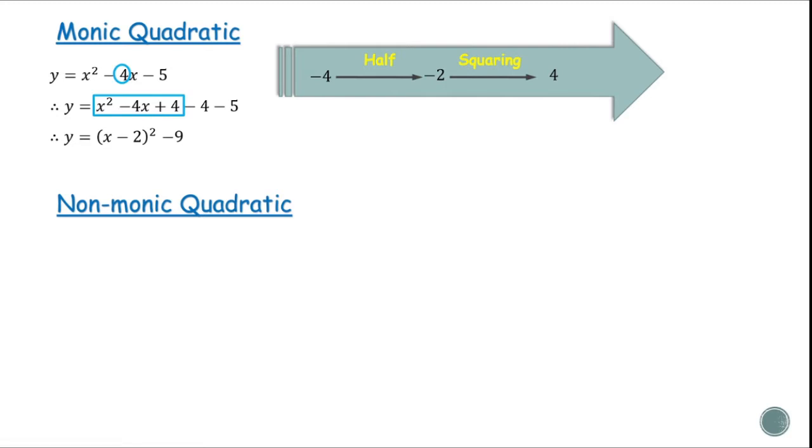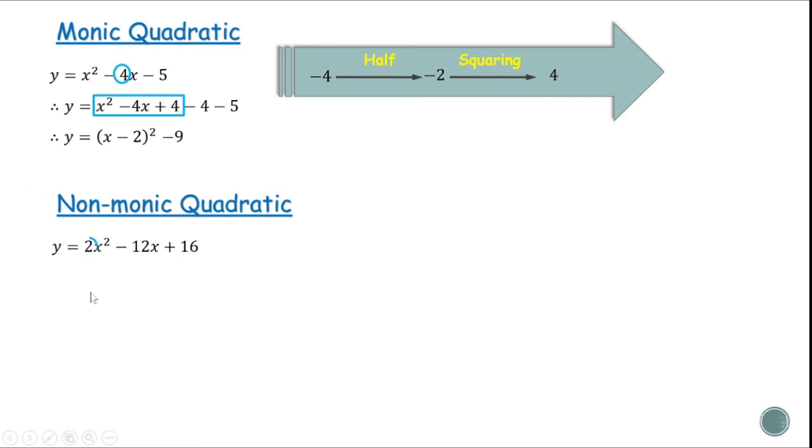Now let's try to understand what if non-monic quadratics, or the questions with the coefficients of x squared, are given to you, which are not 1 but something else. Like this example where 2x squared is given to you. In such cases, the process becomes somewhat lengthier because now the focus first of all shifts to the first term, where you have to eliminate the coefficient of x squared to convert it into a monic quadratic first of all.